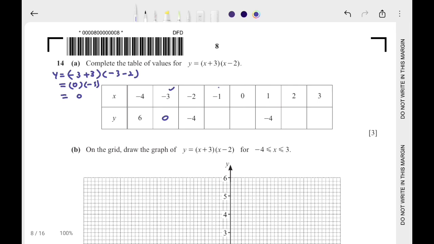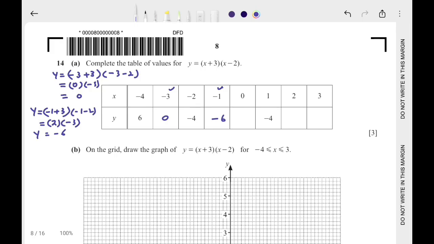Now we will substitute minus 1. y is equal to (minus 1 plus 3)(minus 1 minus 2). Minus 1 plus 3 is 2, and minus 1 minus 2 is minus 3, so this becomes minus 6.